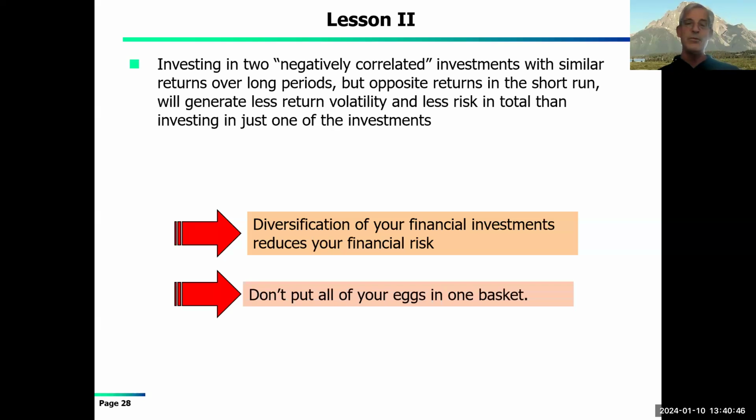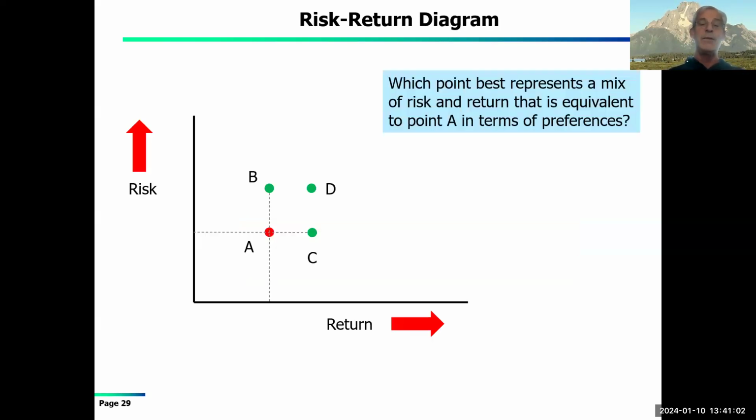You don't know exactly what's going to happen. And diversification reduces the risks of your financial investments. And it is why the statement, don't put all your eggs in one basket, is just a robust conclusion. And here is an example using, we're going to build the risk and return framework.